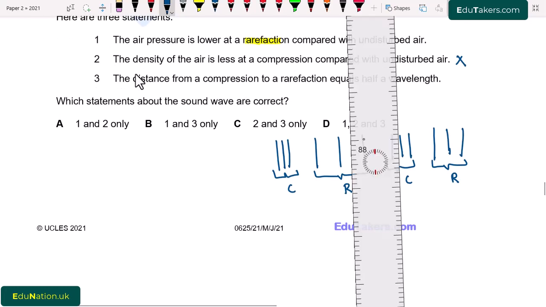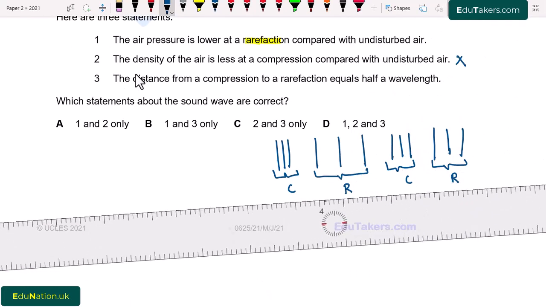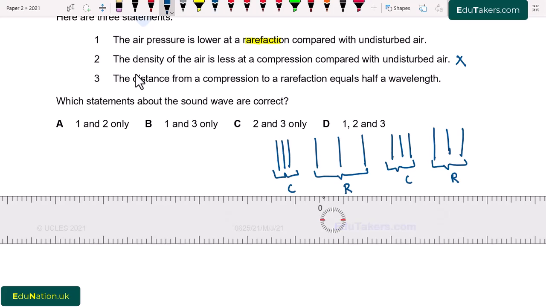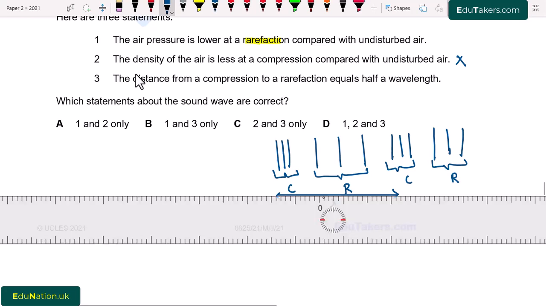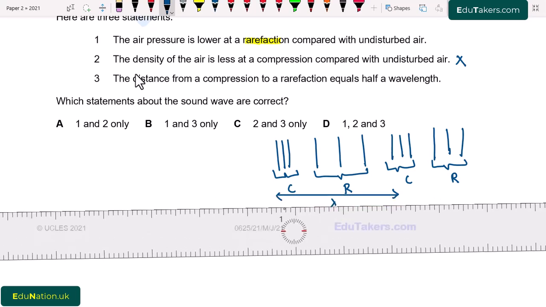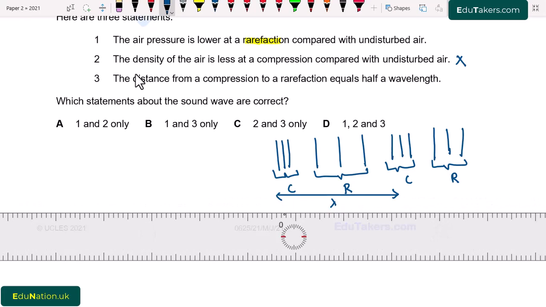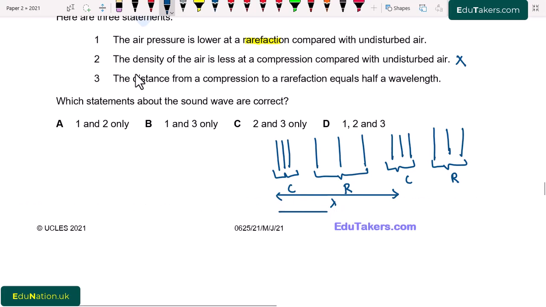I use the ruler here. If this distance is equal to the wavelength, lambda, then the distance between compression and rarefaction will be half of the wavelength. It means that the distance from here to this point is basically half of the wavelength.